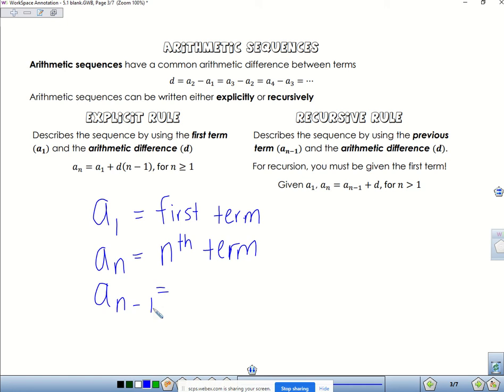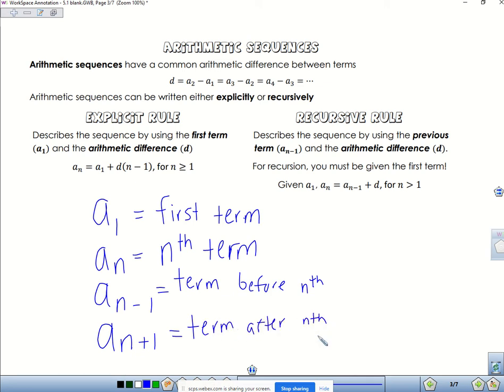Subtract 1. So if you want to find the term directly before the nth term, you would subtract 1. So term before nth term. Okay? And on the contrary, if we have a sub n plus 1, that's the term what? After. Good. Term after the nth term.